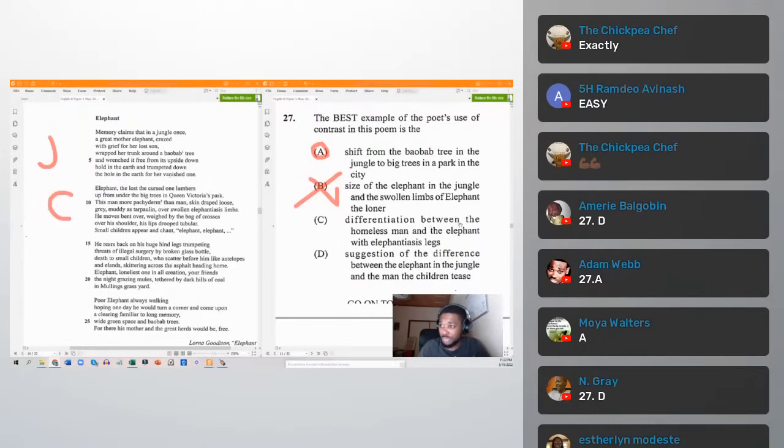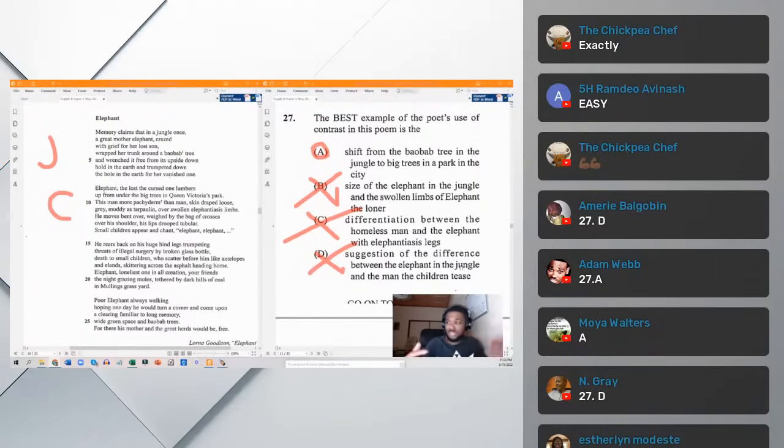C, differentiation between the homeless man and the elephant. No contrast. There's no opposite between the homeless man and the elephant. In fact, there's a similarity. D, suggestion of the difference between the elephant in the jungle and the man. No. The poem is saying there's basically no difference. There's a similarity.